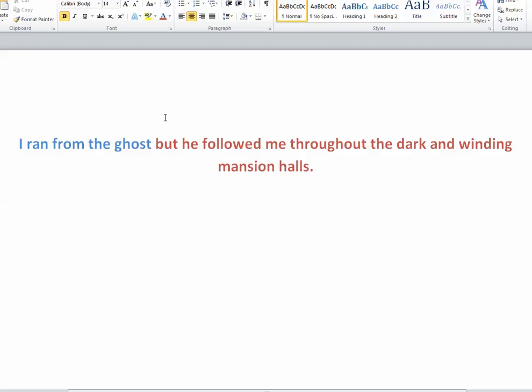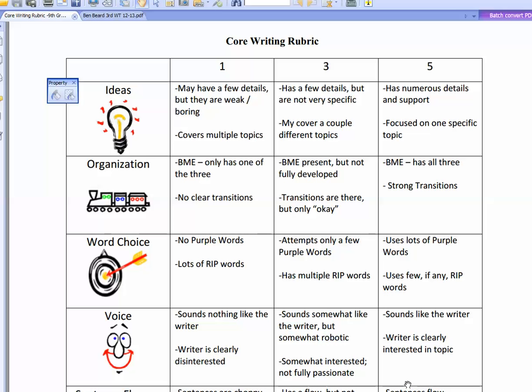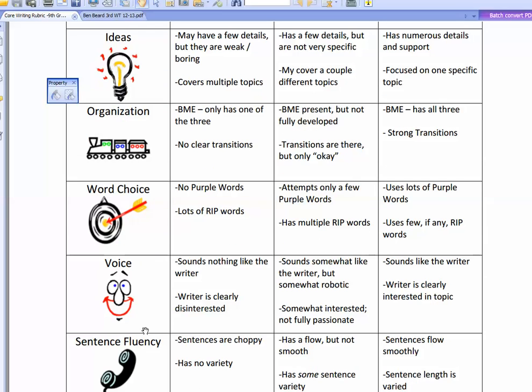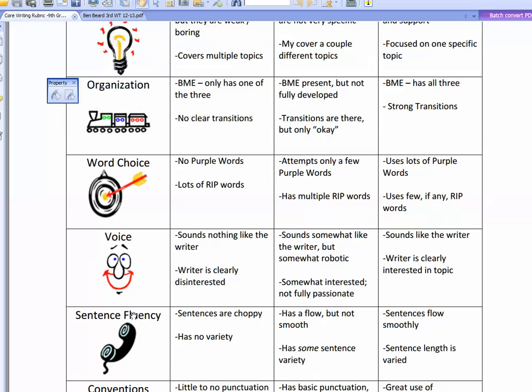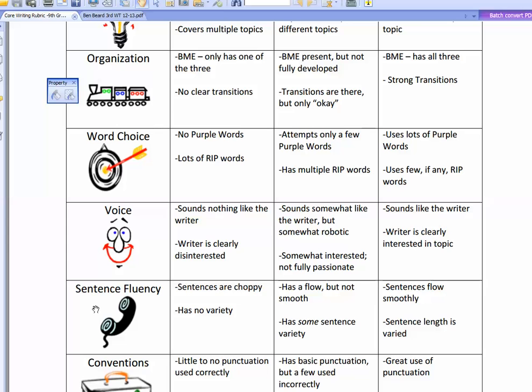And that warmed us up for a writing prompt today, which was a graded prompt that will be graded on our core writing rubric. For this paper, we were only graded on 3 traits: ideas, organization, and sentence fluency, obviously, since we're just working on that.